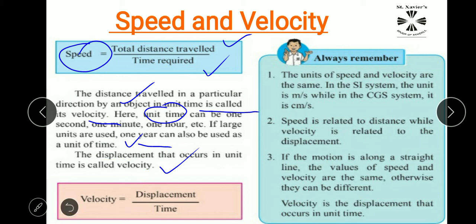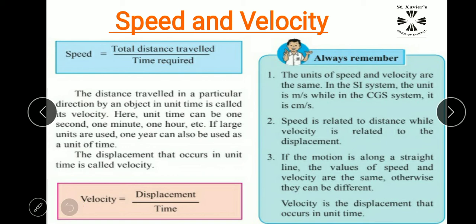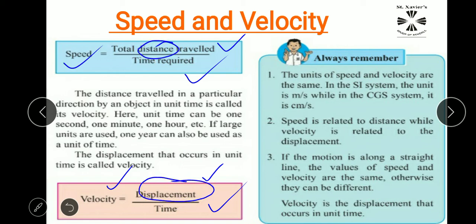I'll repeat again, students. Speed is nothing but distance per unit time, and velocity is displacement per unit time. We know that distance is a scalar quantity and displacement is a vector quantity. So speed will become a scalar quantity and velocity will become a vector quantity, students.